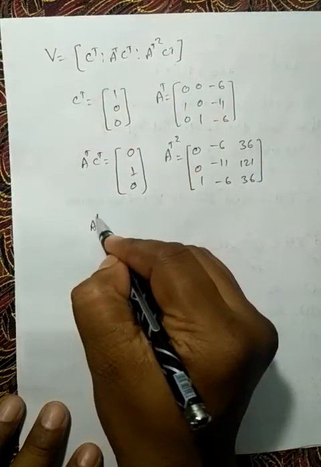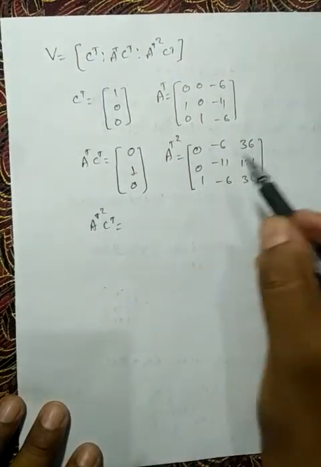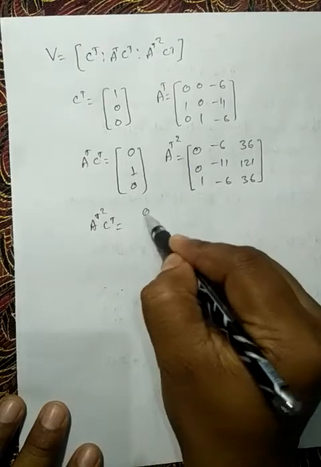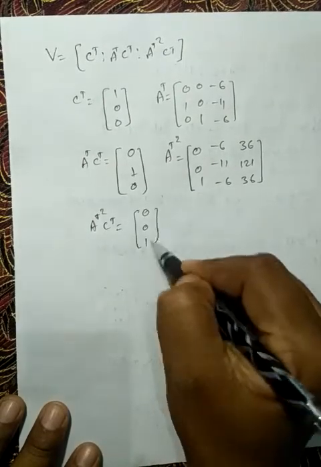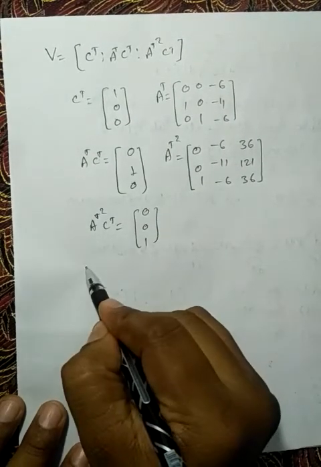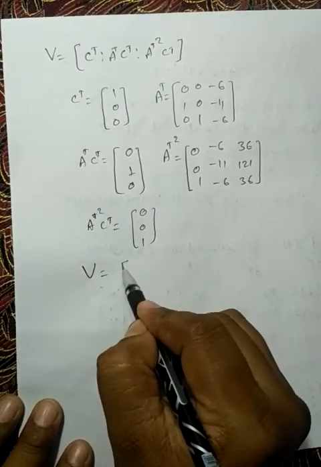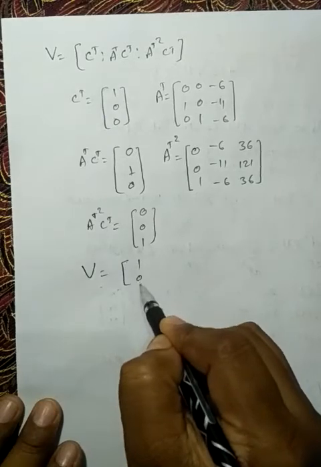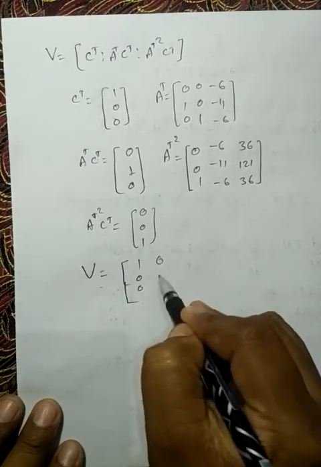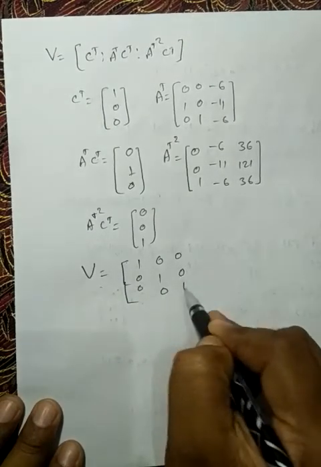So AT square CT will be 0 0 1. Now matrix V, observability test matrix, we have 1 0 0 0 1 0 and 0 0 1.